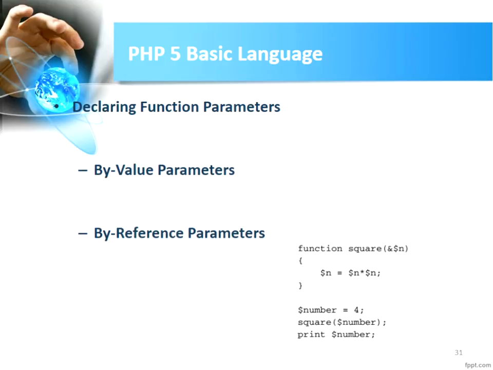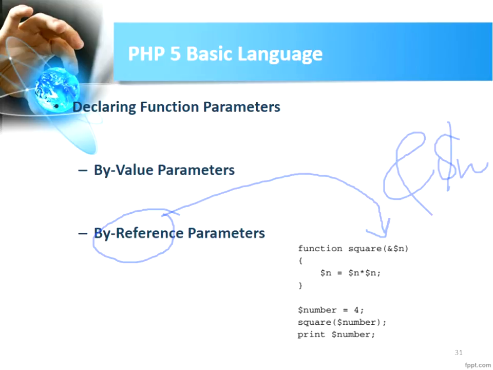Let's move now to how we can declare function parameters by value or by reference. So here, reference means I will use the ampersand symbol before $n. The symbol & means by reference.